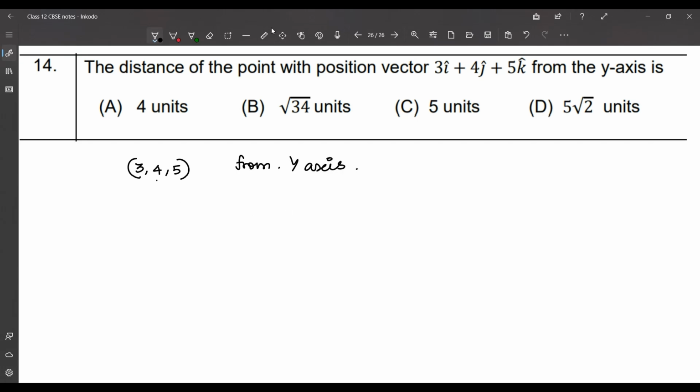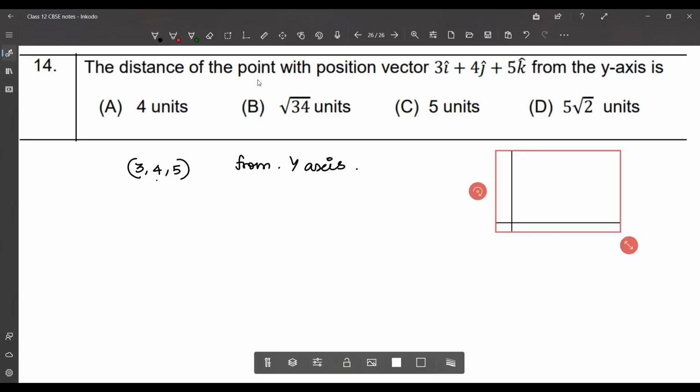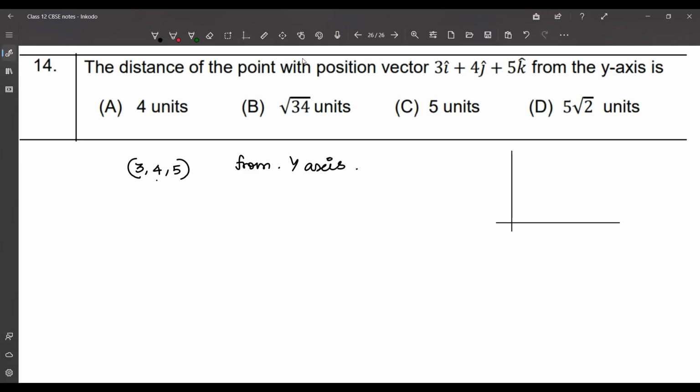It's going to be like this. So this one is the x-axis and this is the y-axis and this is the z-axis.